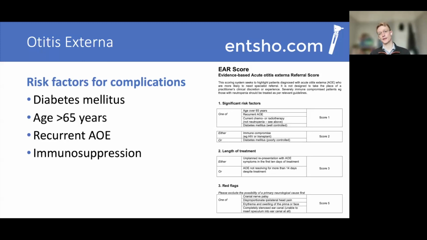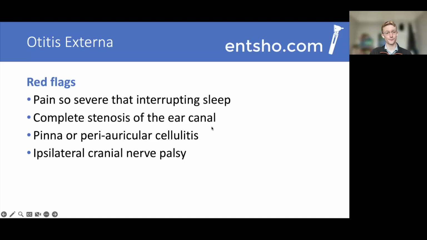If you are someone who likes to use scores, then the ear score has been developed, and it's a way of profiling patients' risk of complications based on these factors. So you can have a look at that.